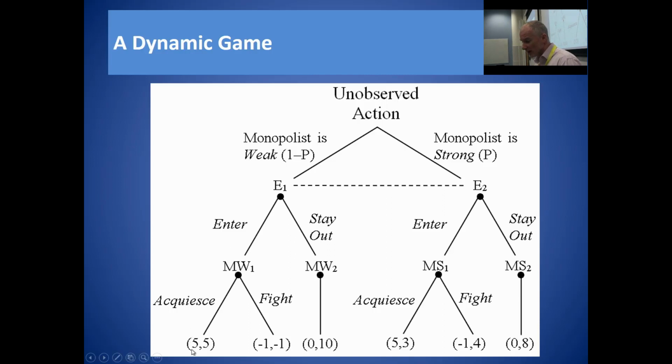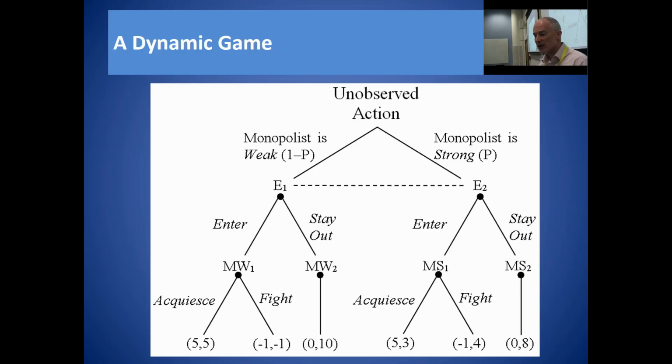And so we get our initial payoffs, where they both split that profit of 5. On the right-hand side, this is the game where the monopolist is strong. So MS denotes that the monopolist is strong. This is where sunk costs have been incurred. So we can see here the payoffs are slightly different, where that sunk cost of 2 has been incurred.